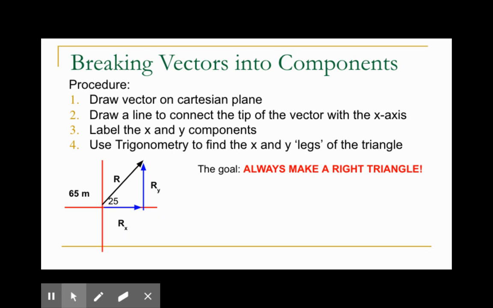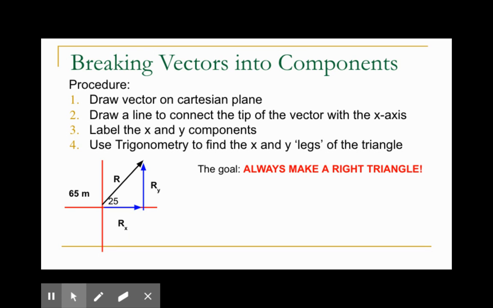We'll start with the x component. Okay, we know we need to use trig, so SOHCAHTOA. If I want the x component, or the adjacent leg, which trig function do we use? I want the adjacent leg and I have the hypotenuse and an angle. Which trig? Okay, cosine.